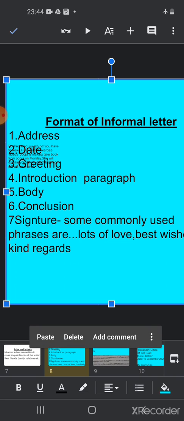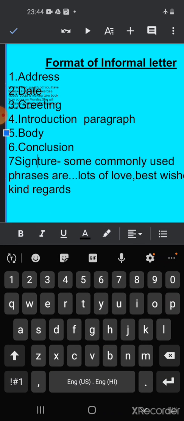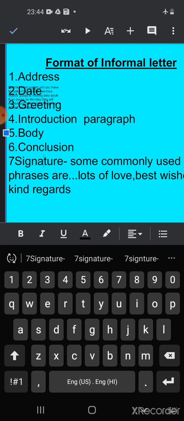Last step is signature. There is no one way to sign off informal letters. They do not follow a strict format. You may sign off as you wish to.